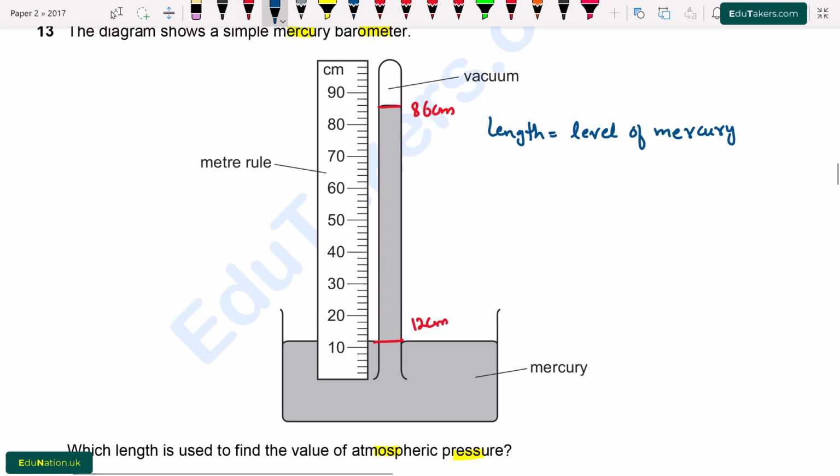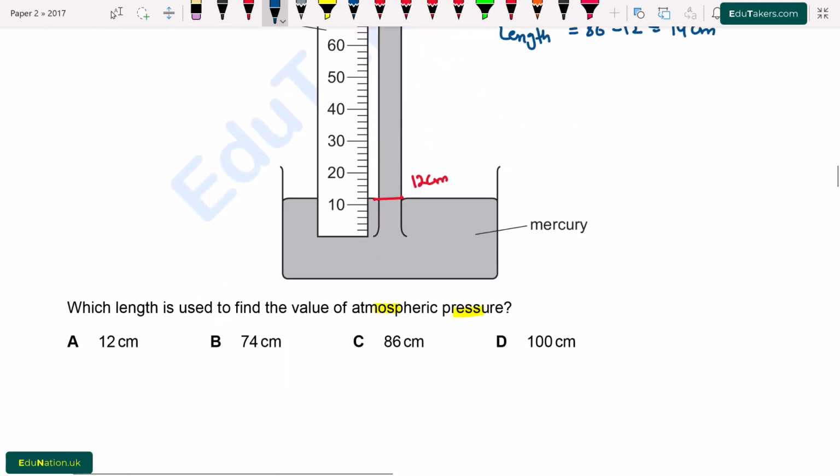So level will be 86 minus 12 which is equal to 74 centimeter. It means that length is equal to 74 centimeter that is used to find out the value of the atmospheric pressure. From here, option B is correct.